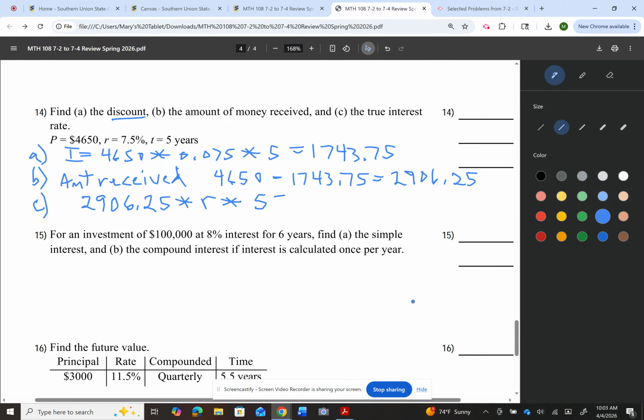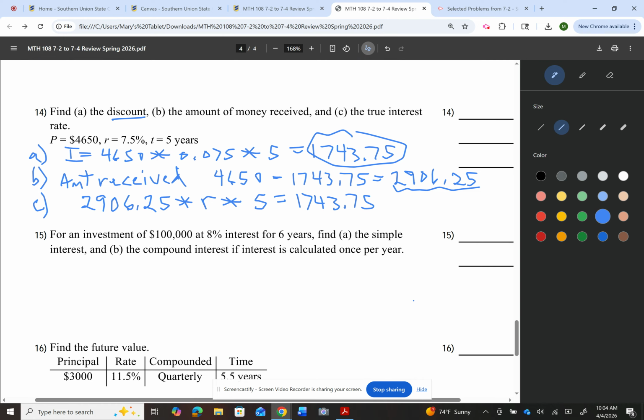We paid that much in interest though, so I'm going to plug in the $1,743.75 for my interest, but the amount I really get to use is only $2,906.